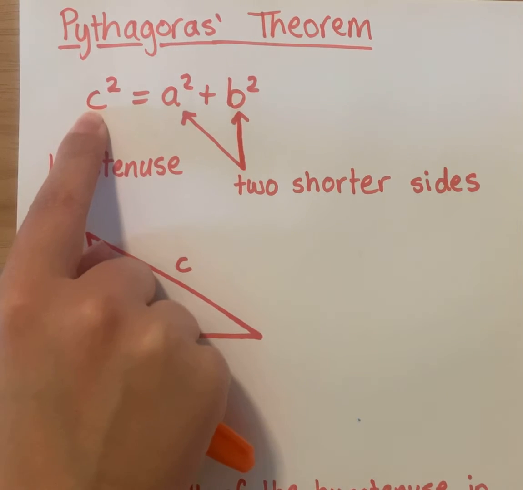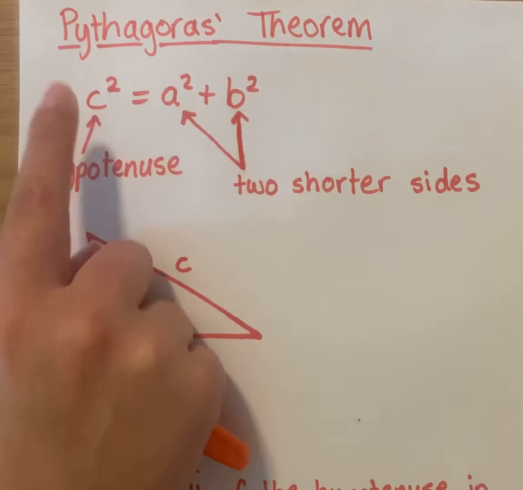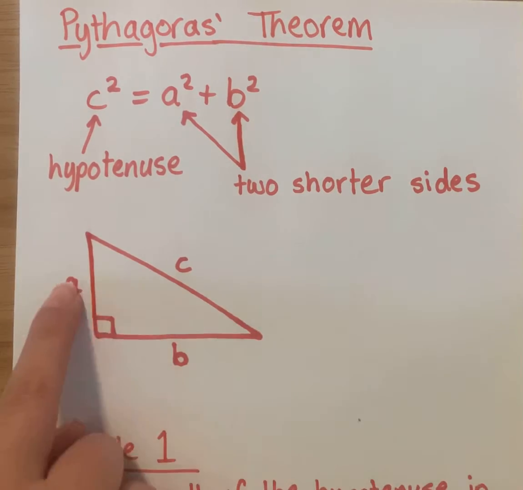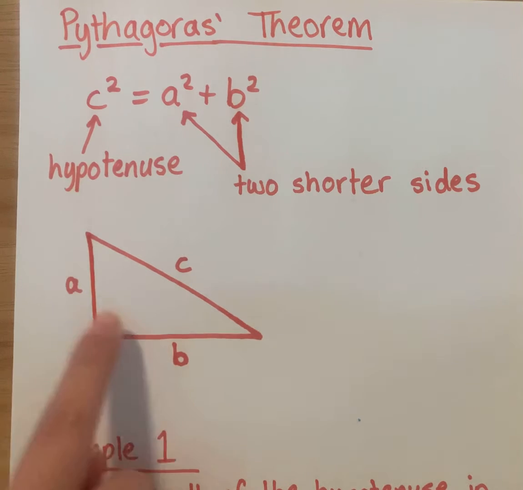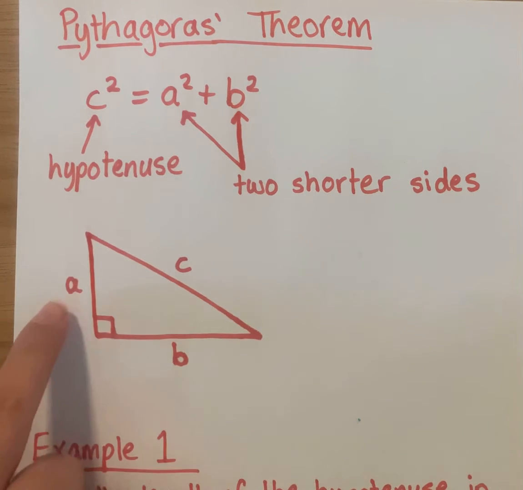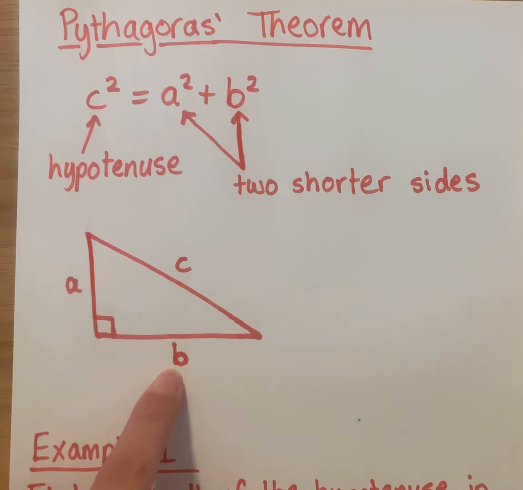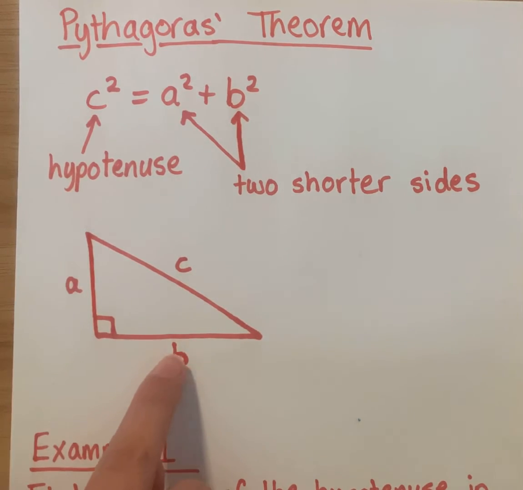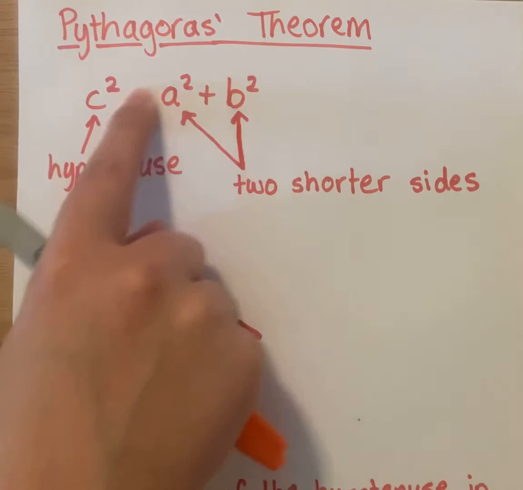So c is the hypotenuse, and we have to remember that, and a and b, they're just the shorter sides, okay? And it doesn't matter which one's a or which one's b. In this triangle, we can see that this is a and this is b, but it could be the other way around. We could have said that this was b here and this was a. It doesn't actually change our rule at all.